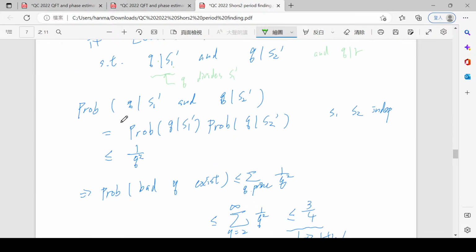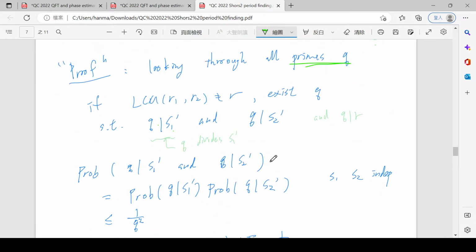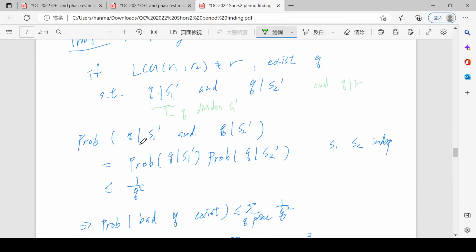So what's the probability that this actually happens? If we condition, we look at some Q, so let's say, this is a little confusing, let's say this has already happened.